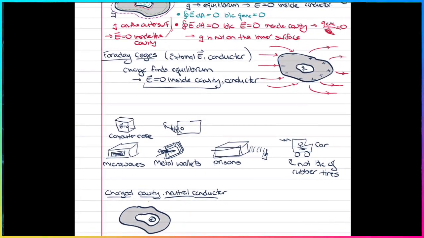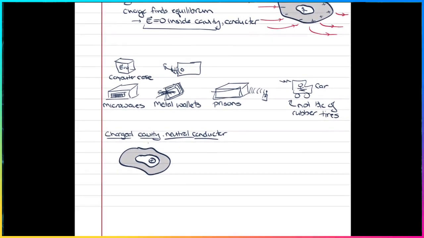So, it's a good idea to understand the idea of this Faraday cage, right? The fact that the E fields can go to 0 inside. Then I'll leave you with one to think about, the last possible case of a conductor with a cavity, but what if there's a charge inside the cavity?